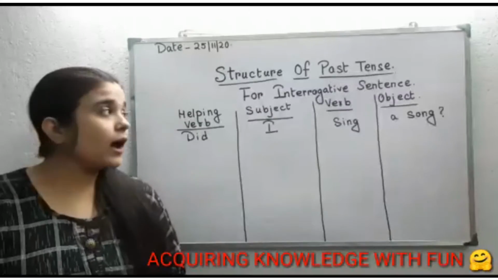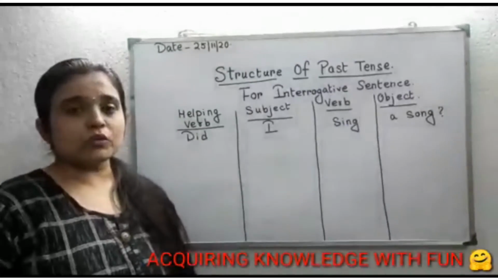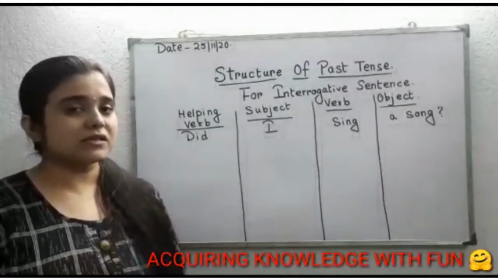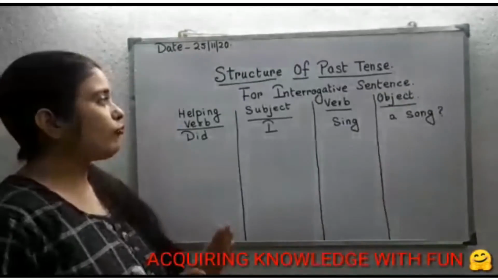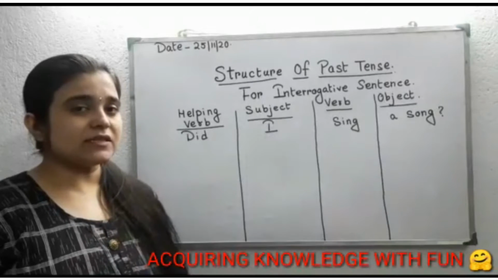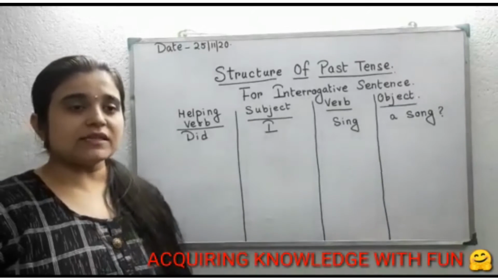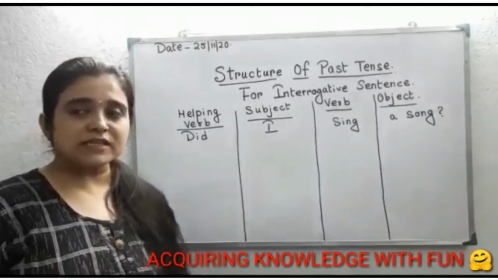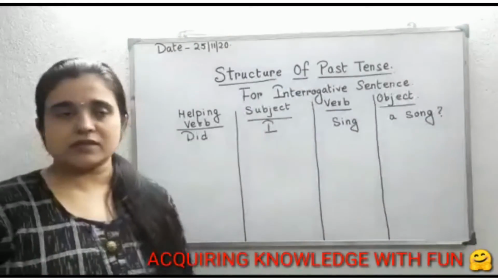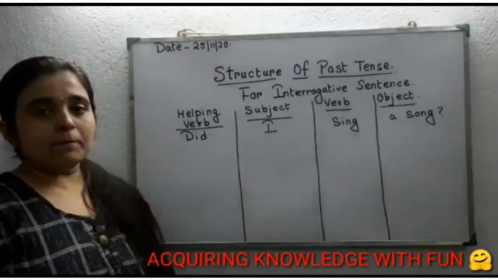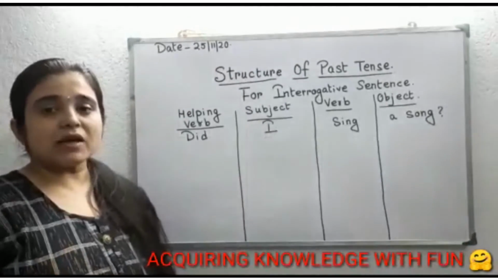Okay? Now, I'm going to teach you how to frame a question in past tense. So, for interrogative sentences, you know what are interrogative sentences? Interrogative sentences express or ask questions. So, how will you frame a question in past tense?